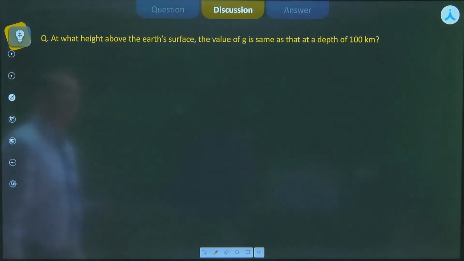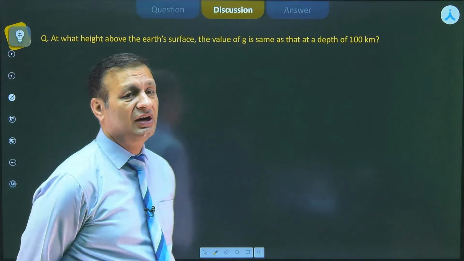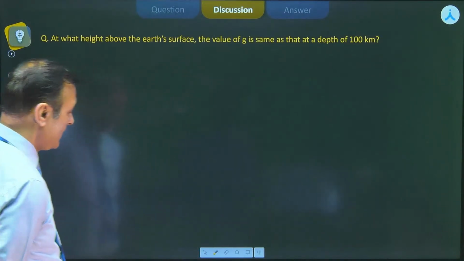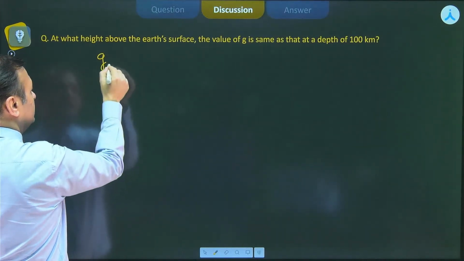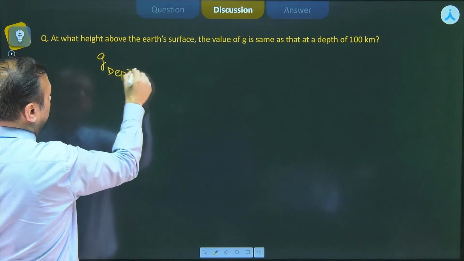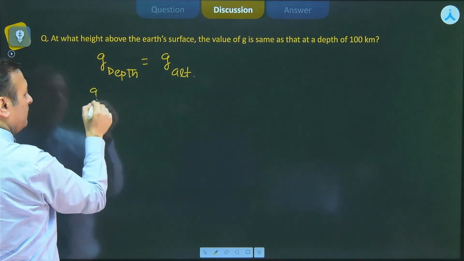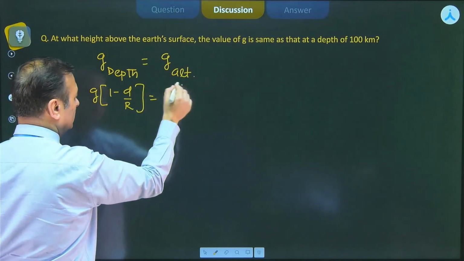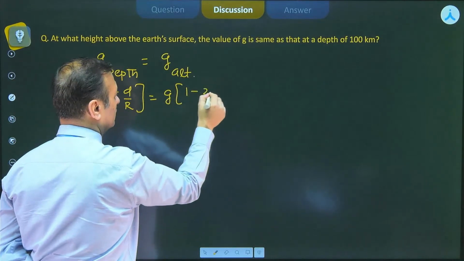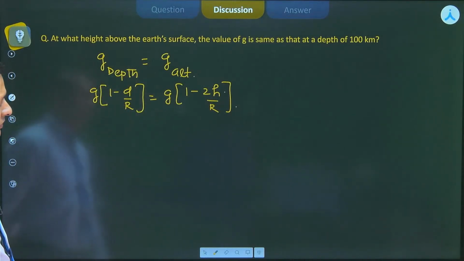So let's move further. Now, at what height above the Earth's surface the value of G is same as that at a depth of 100 kilometers? Now, first of all, if I give it to you like this, G at a depth is G at an altitude or at a height. For the depth part, this is g(1 minus d by r), and for the altitude part, again for the small values only, this is valid for height which is very small as compared to this radius.